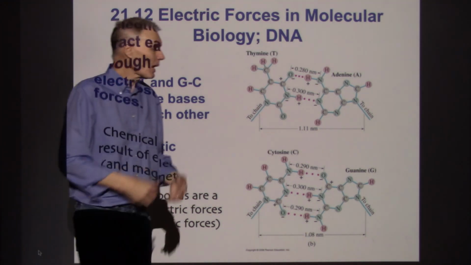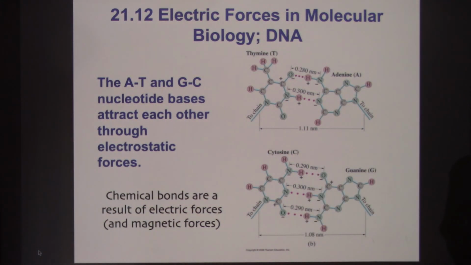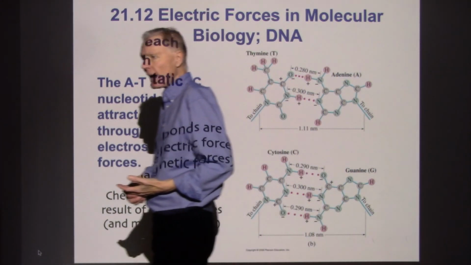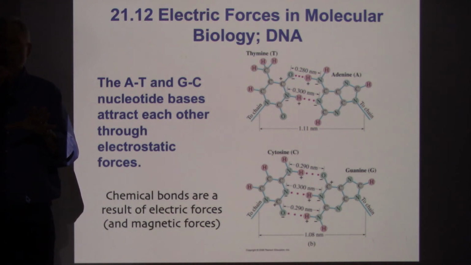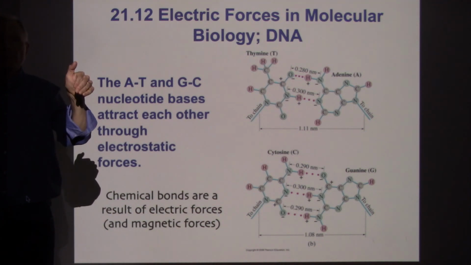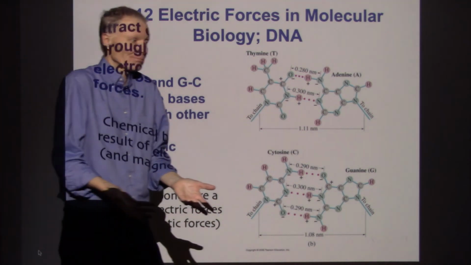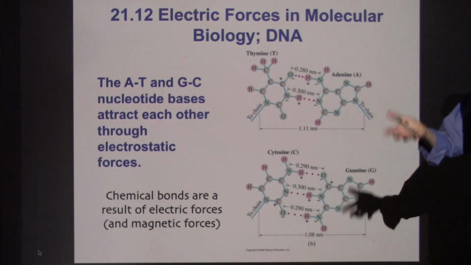So this is happening not just with DNA, but with proteins too, right? With all of this effort to try and come up with vaccines, for example. Coming up with a vaccine means producing a protein molecule that has a certain shape to it, and at different locations on the protein molecule there are going to be regions of positive and negative charge, and we're trying to get our immune systems to generate a protein that will match.